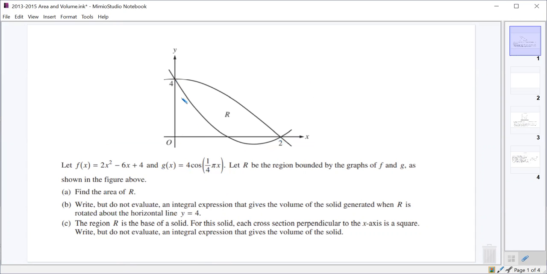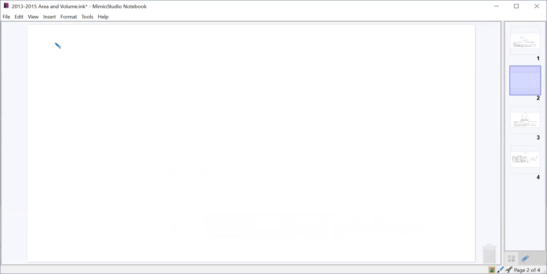All you've got to do is integrate the cosine function minus the other function from 0 to 2. So part A is an integral from 0 to 2 of, what was that? Was it 4 cosine pi x over 4, I believe?